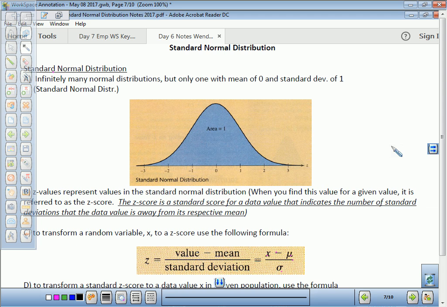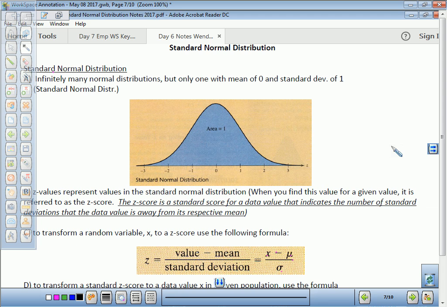And if you had done your homework, you would have noticed that the mean on every single problem on your homework was different. And the standard deviations on every single problem was different. Because we can have an infinite number of normal distributions. They can have all different sorts of means and all different sorts of standard deviations. But when they do, it makes it hard to compare two different things.